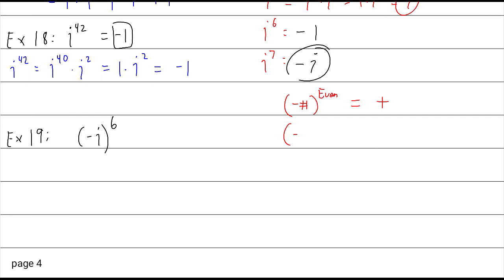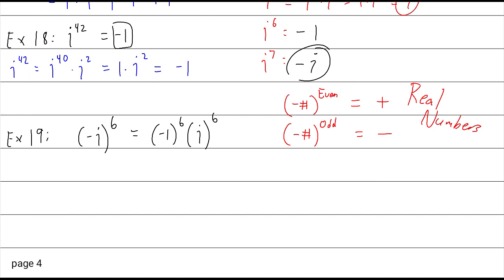If you raise a negative number to an odd power, you get a negative result. That's for real numbers. So I want to break this up into a real number, and then we'll deal with that i thing later. So this is -1 to the 6th power times i to the 6th power.